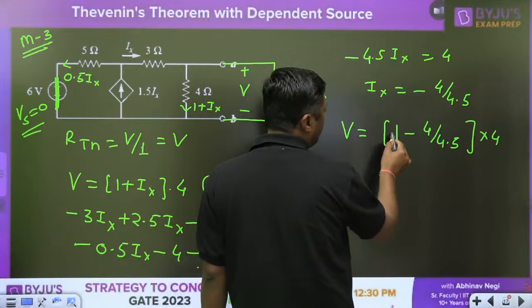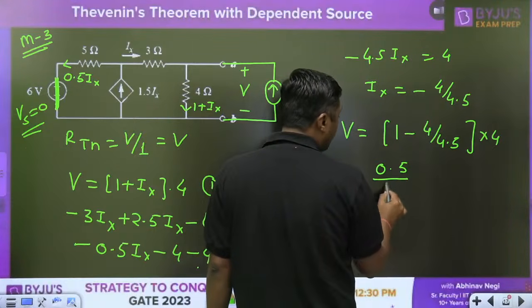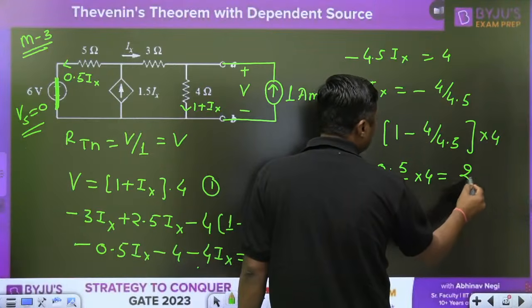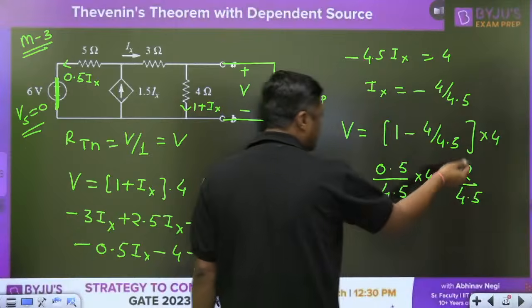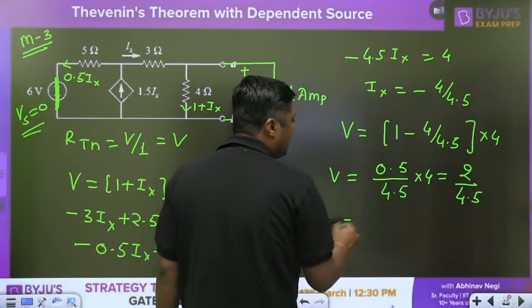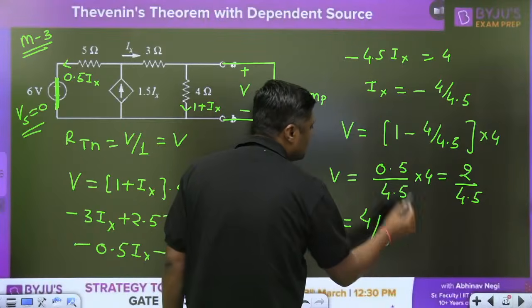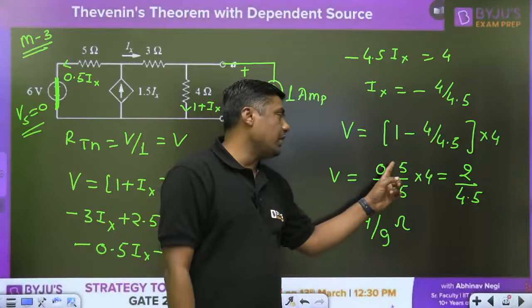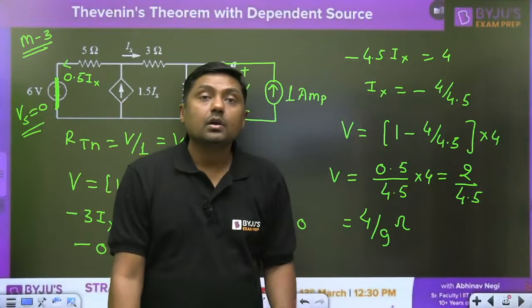V is equal to 4.5 minus 4 is 0.5, divided by 4.5 into 4. That will become 2 divided by 4.5, or multiplying with 2 and 2, it will become 4 divided by 9 ohm. Directly you can write here. Is it clear?